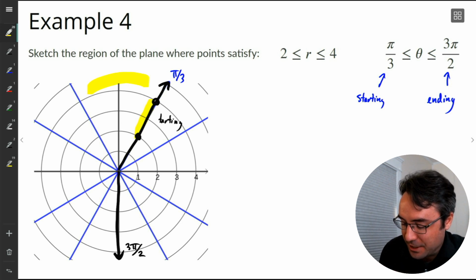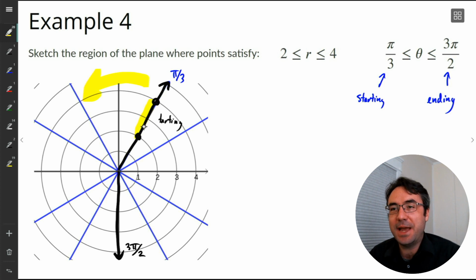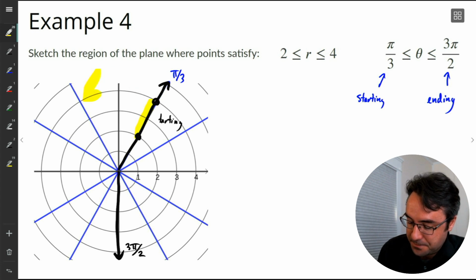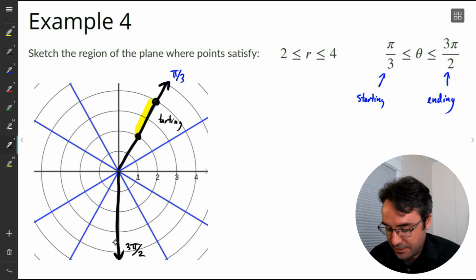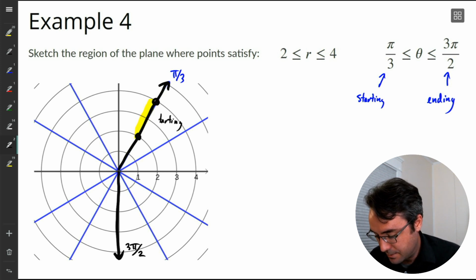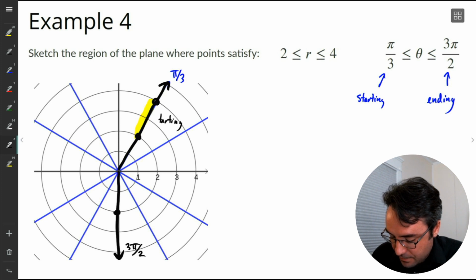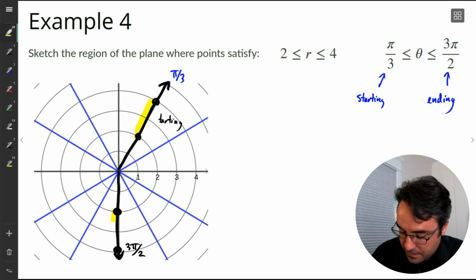So we're going to go in this direction, and then just keep track of what this line segment is going to essentially trace out. And when we do that, going counterclockwise, eventually when we get down to this 3 pi over 2 ray, we're going to be at these 2 points here.